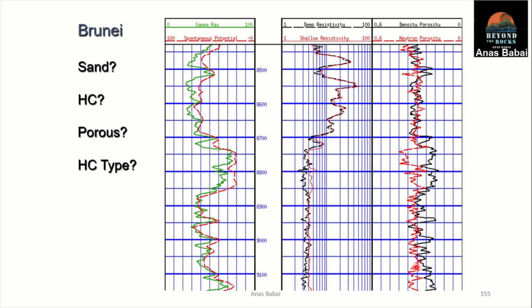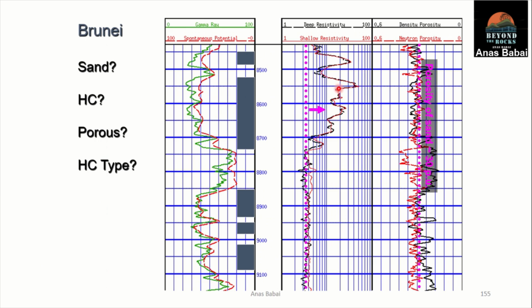Another example from Brunei is one in which we have two reservoirs, this one and this one, and we can see here that the resistivity value is less than the shale resistivity, which indicates that this zone is the water zone. We have a slightly higher resistivity in this zone, which indicates that this zone contains hydrocarbon.